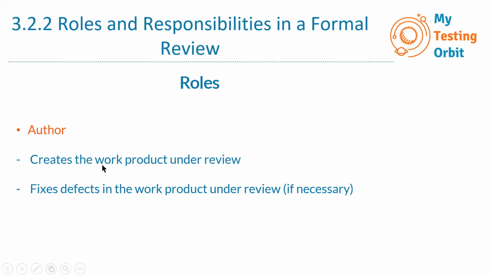Over here, we are taking the example of requirements as a work product. Author will be the business analyst. And if there are any issues identified in the requirements, then the author, the business analyst, will fix the defects in the work product which is under review. So this is the role of author.